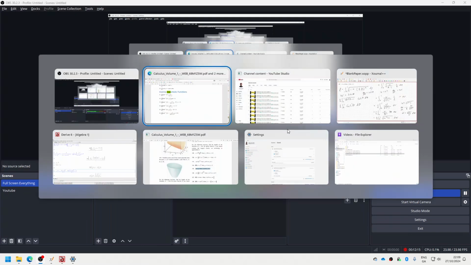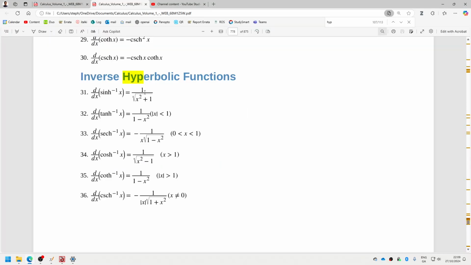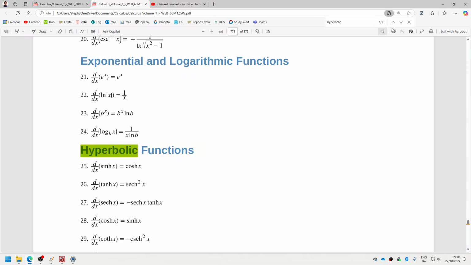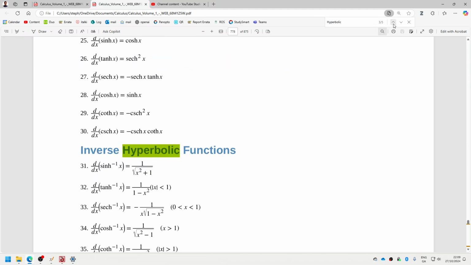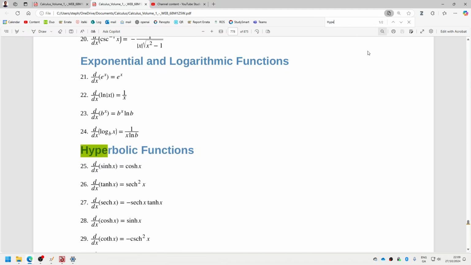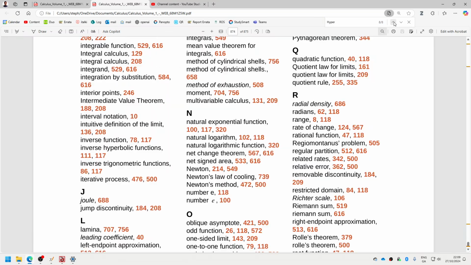The problem is now I need some hyperbolic identities. Let's see. Not that one. Come on. Let's see now. Calculus. Let's see.